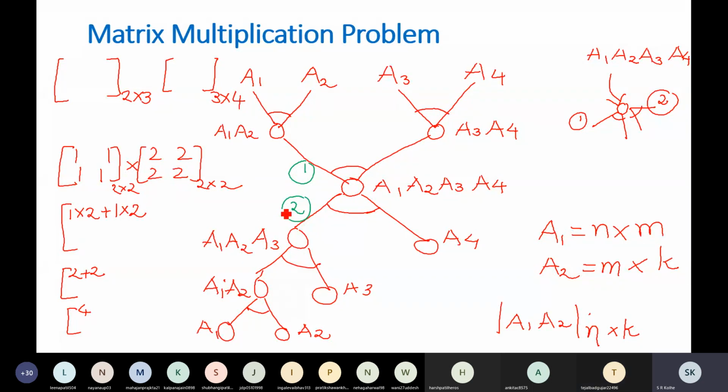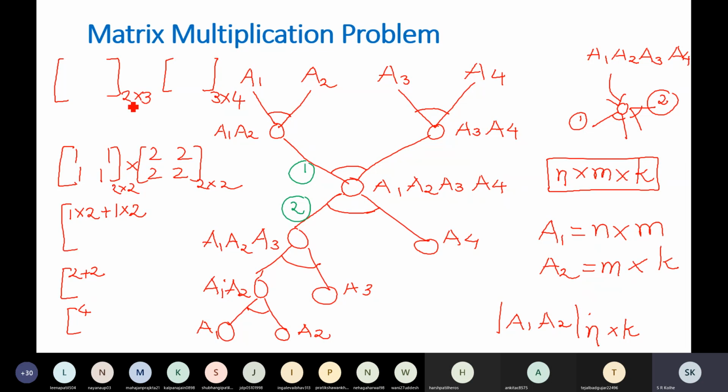You will find that it is n multiplied by m multiplied by k. Come over here. Your n, m and k are 2, 2 and 2. So 2 multiplied by 2 multiplied by 2, that is 8. For each element you need 2 multiplications, there are 4 elements, so 8 multiplications.